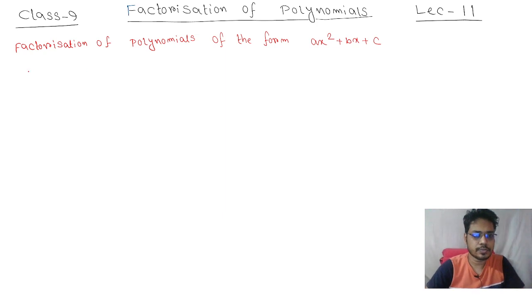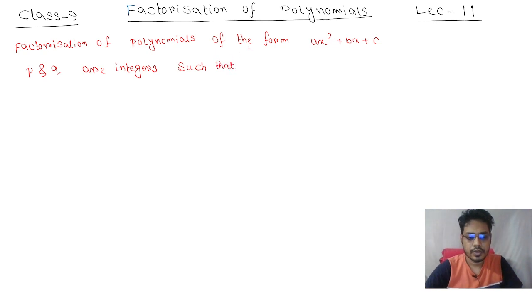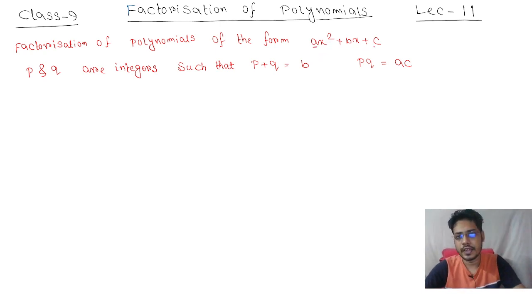So suppose p and q are integers such that the sum of the integers, p plus q, will be b, and the product of the integers, p into q, will be a into c, because here the coefficient of x square is a and the constant is c.